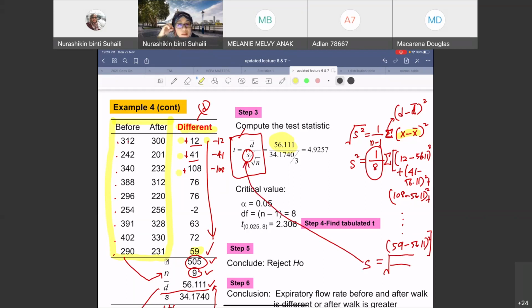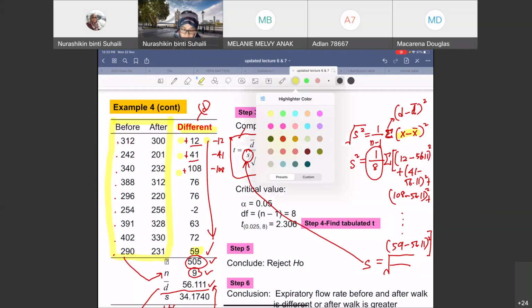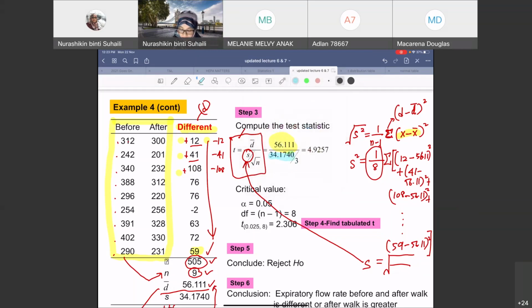So dia nampak, the formula of T looks simple, but actually you have to find the D and you also have to find the S. So there are two things that you have to do beforehand before you can solve the T. So at the end, you will get this value. So try, later you can try by yourself whether you got the value of 34.174 or not, okay, by applying this thing.